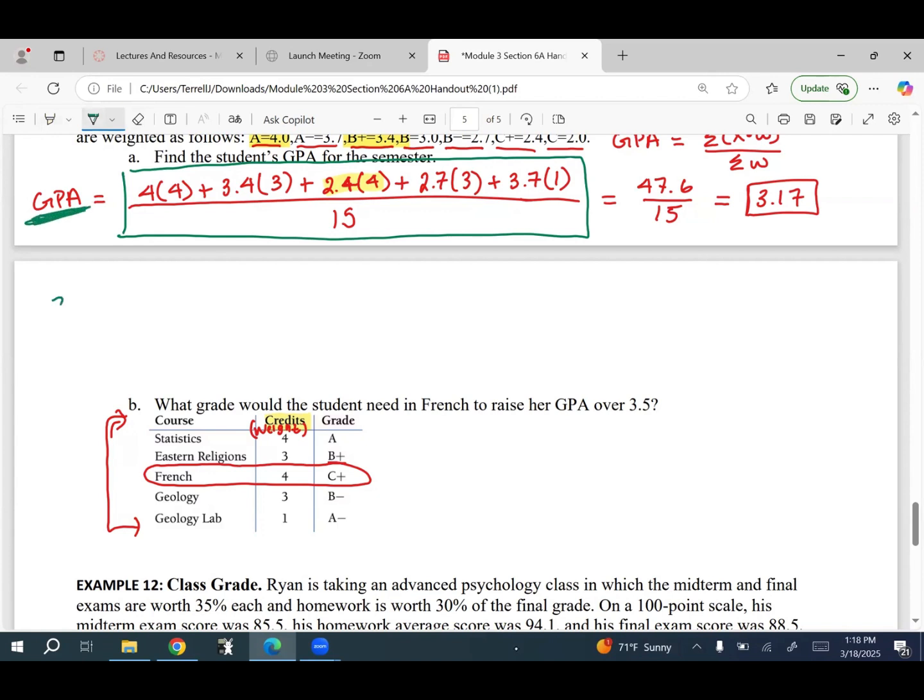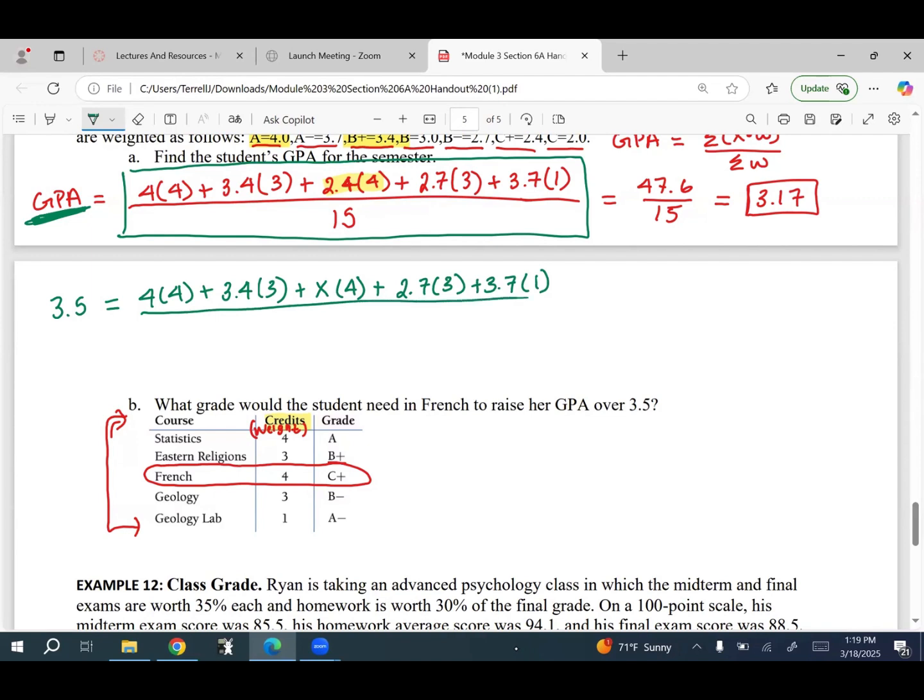It needs to equal 3.5. And so everything else is going to stay the same. She got an A in a 4-credit class, and A is worth 4 points, plus a B plus, which is a 3.4 in that 3-credit Eastern Religions class, plus I want to know what grade she needs in this 4-credit French class and keep everything else the same.